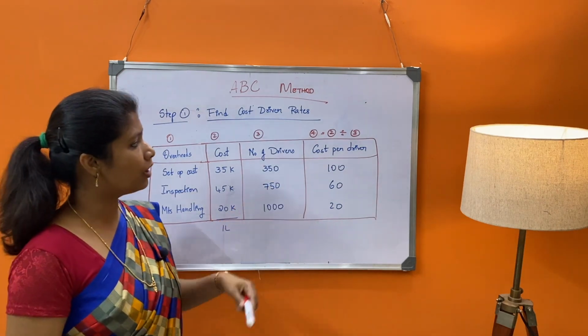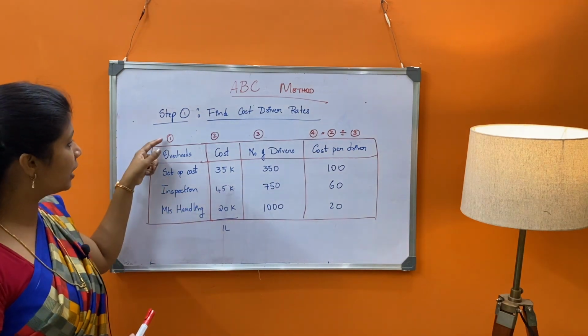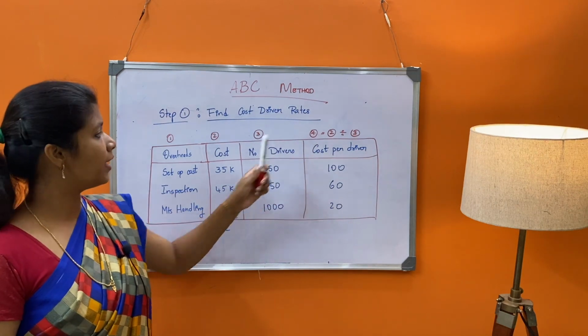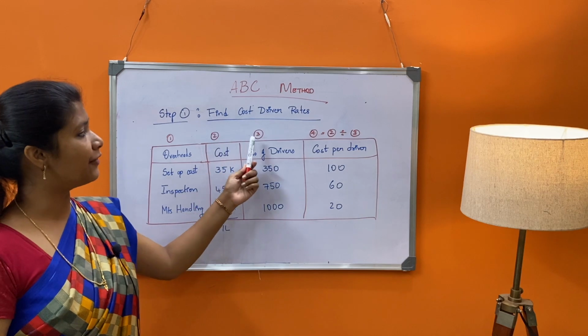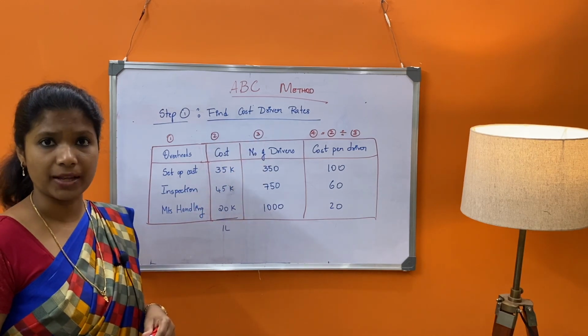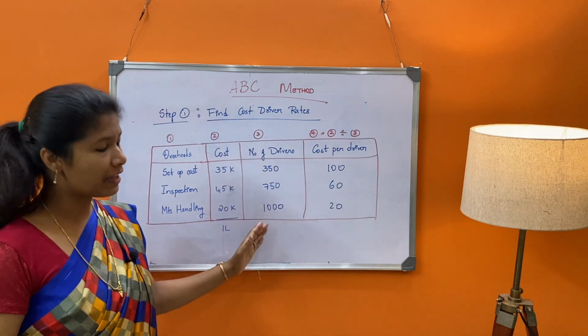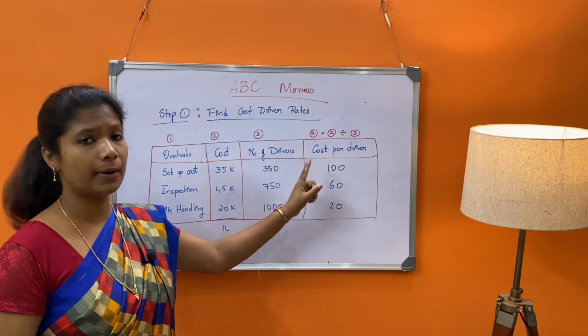Now the fourth column here is cost per driver. For your easy understanding, I have already given a breakup here: column 1, 2, 3 and 4. How do I find column 4? It is column number 2 divided by column number 3. Because the cost is given in the question and the number of drivers is given in the question, you only have to find the cost per driver.